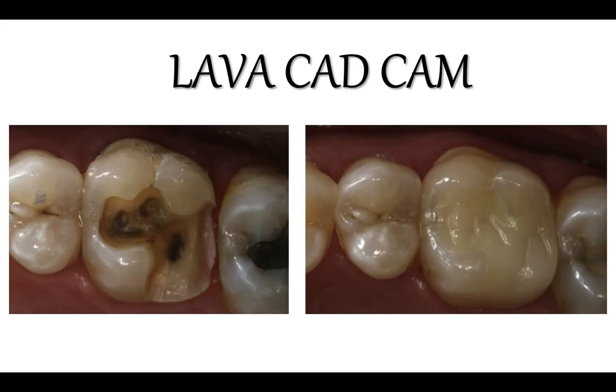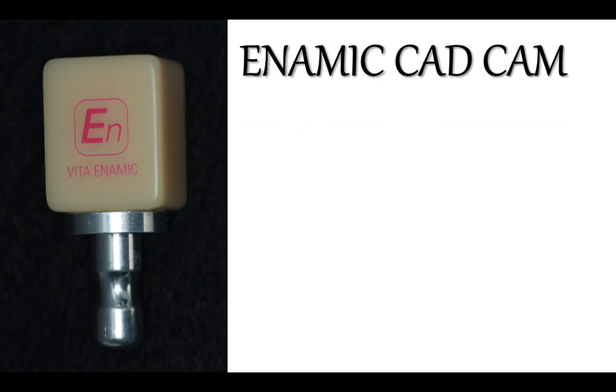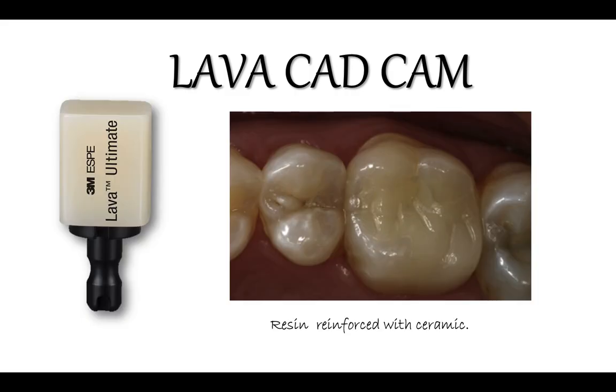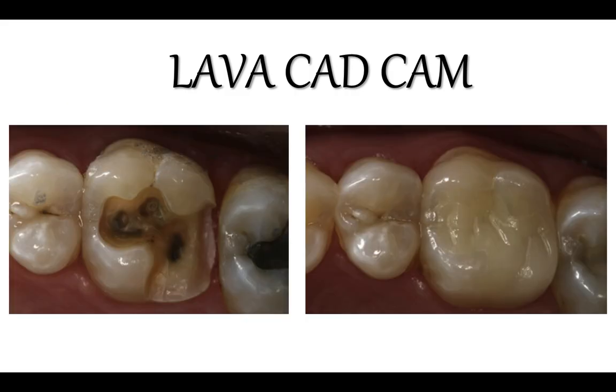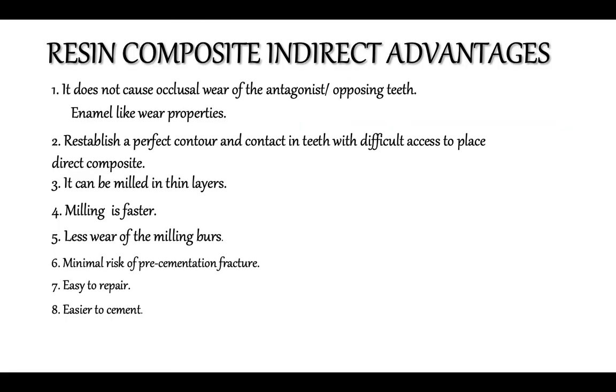For example, you also have the Enamic CAD CAM, which is from the house Vita, and the previous one was from the house 3M. Either way, because they're resin, they have the same advantages as when you do any type of indirect restoration, not necessarily chairside, but it will have the same type of occlusal wear as the opposing teeth, because it has enamel-like wear properties.